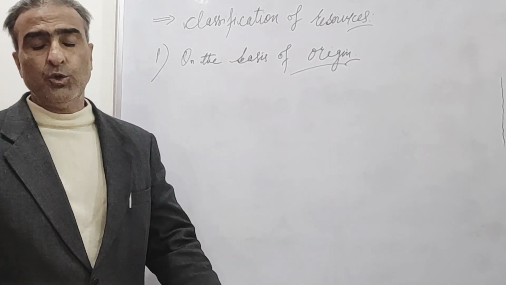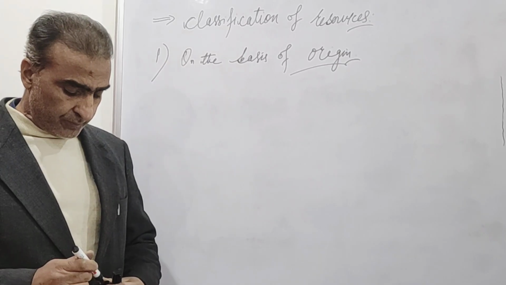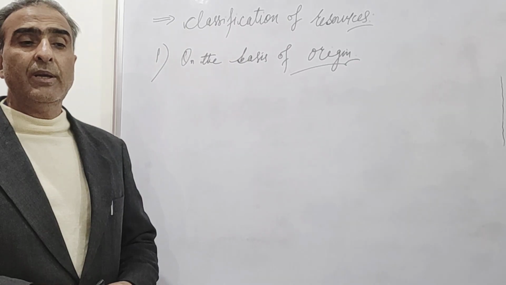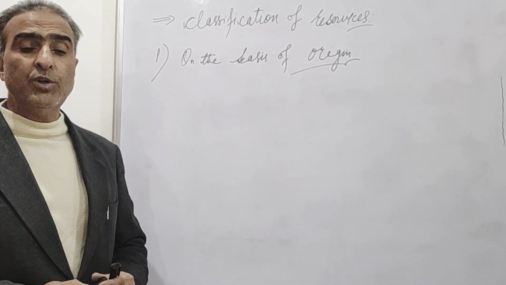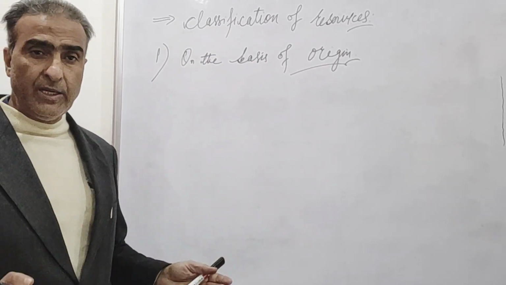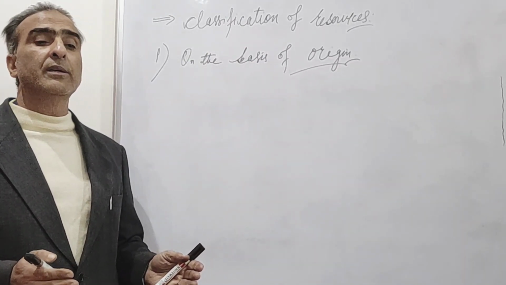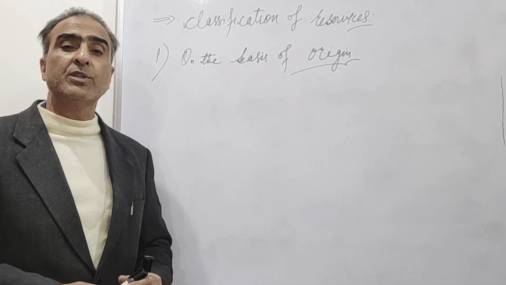I think you remember when I discussed with you the examples of the resources. In that topic, I told you resources are present in our environment. Some of the resources are living resources, some are non-living resources.